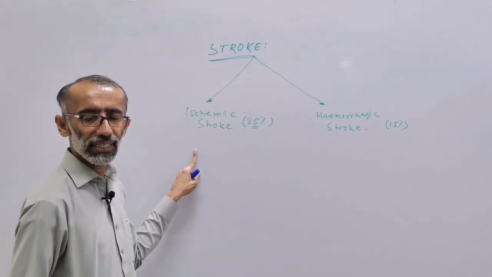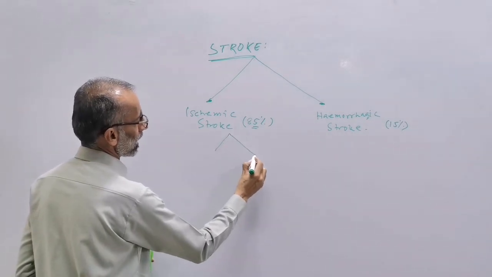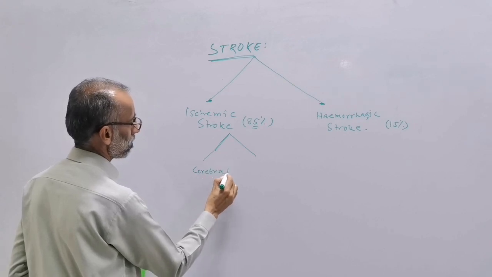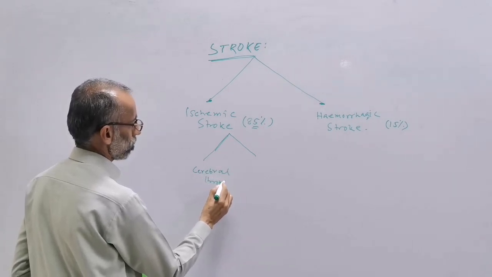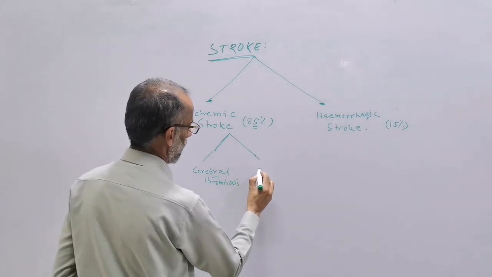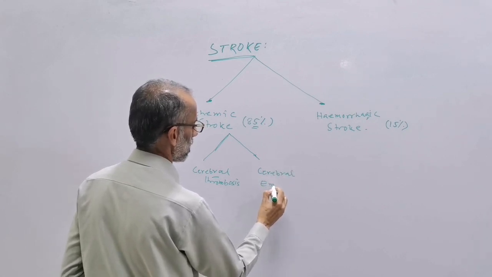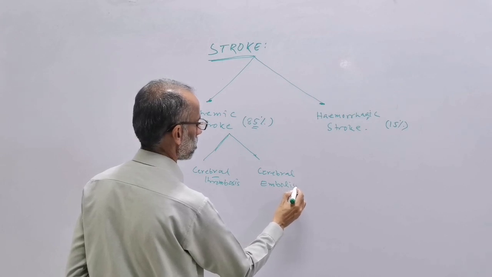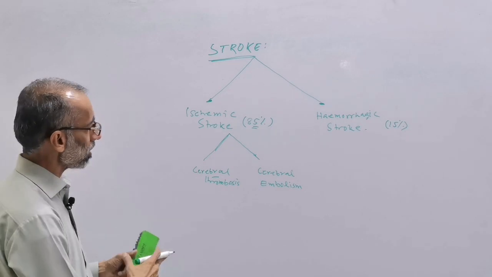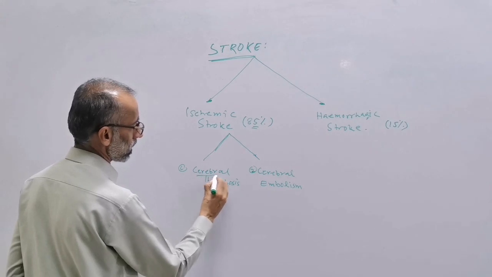Ischemic stroke is further divided into cerebral thrombosis and cerebral embolism.